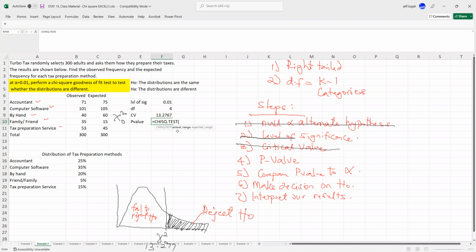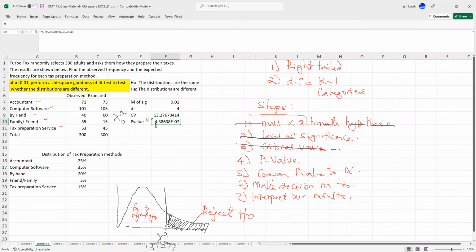And so you can see it tells us to compare actual range and expected range. Actual range is your observed range. Expected range is obviously your expected range, right? And so we'll select the actual range. Then we'll select the expected. And so once we hit enter, it gives us our p-value.